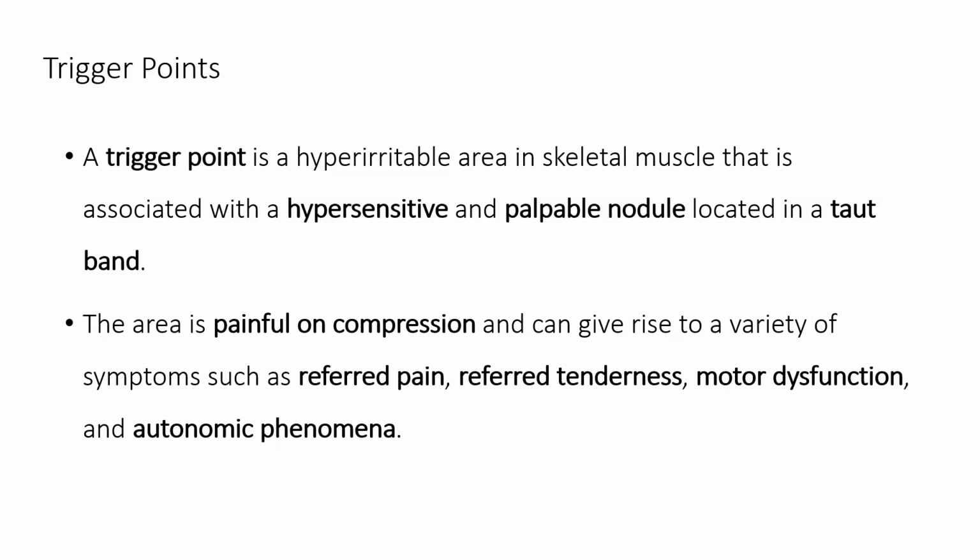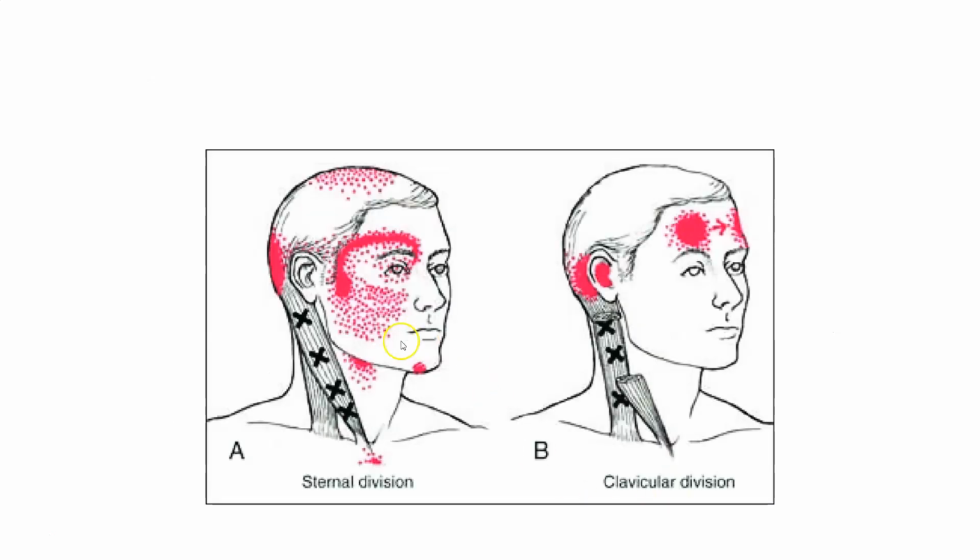So when we palpate a muscle, if it's very sensitive or very uncomfortable for the patient, and within that muscle there's an actual nodule, so the muscle's tight, taut, shortened, hypersensitive and has a nodule, it's likely a trigger point. The area of that palpable nodule is painful on compression, and when we do compress that nodule, it can cause things such as referred pain and tenderness, which we're seeing here.